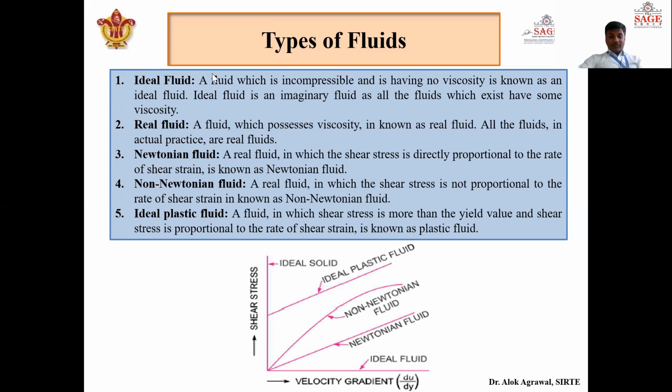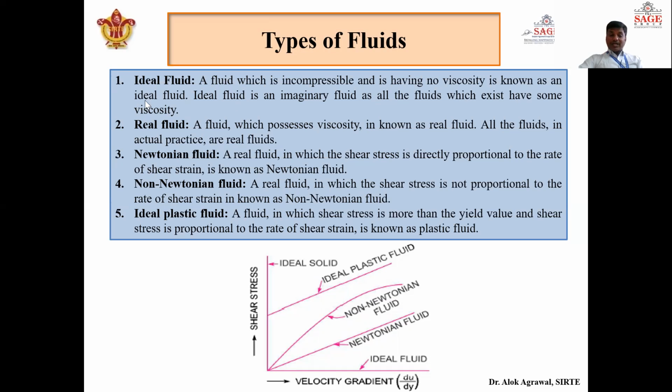So what is ideal fluid? Ideal fluid is a hypothetical fluid which is non-existent. Okay, this is an imaginary fluid. Ideal fluid is defined as an incompressible fluid. Any fluid which is incompressible and has no viscosity is known as ideal. And in actual, there is no fluid having zero viscosity.